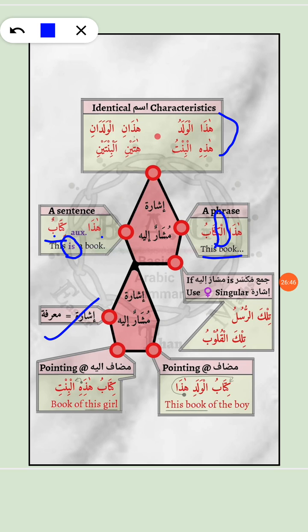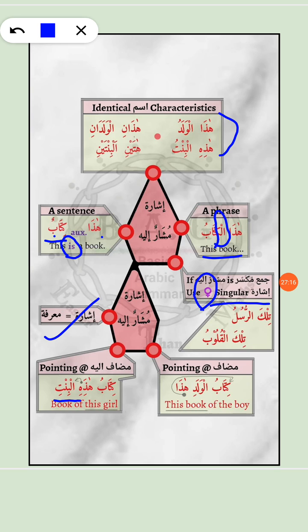Next, if the musharun ilayh is jama mukassar, then we use singular feminine ishara. And examples include tilkal rusulu, tilkal qulubu. All right. Pointing. If you want to point at mudaf ilayh, what do we do? We place the pointing noun right behind the mudaf ilayh. All right. Kitabu hazihil binti.